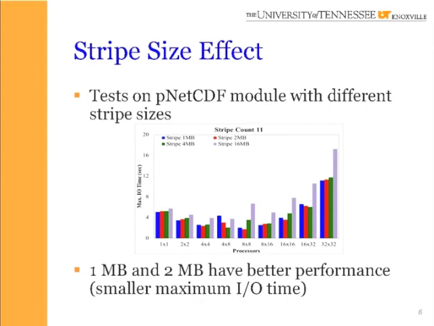So we have to test some of the stripe size effect. We did some of these tests using 1 megabyte and 2 megabytes, and also 60 megabytes and 4 megabytes. To a certain extent, the best performance overall is about 1 megabyte and 2 megabytes.